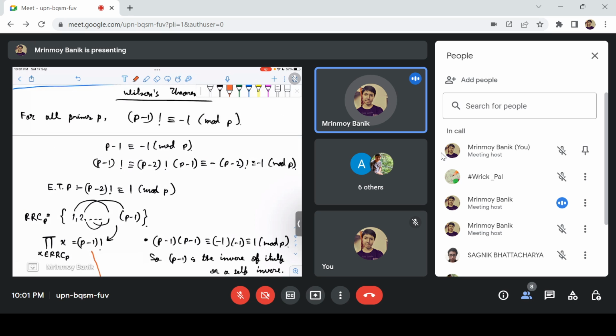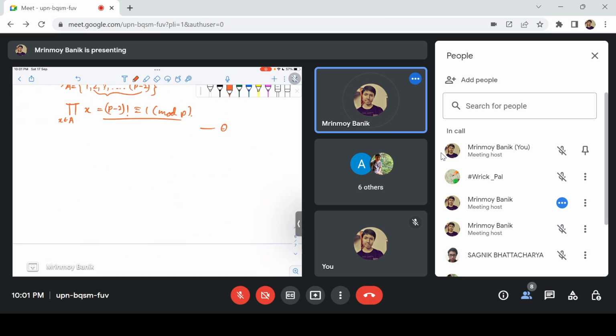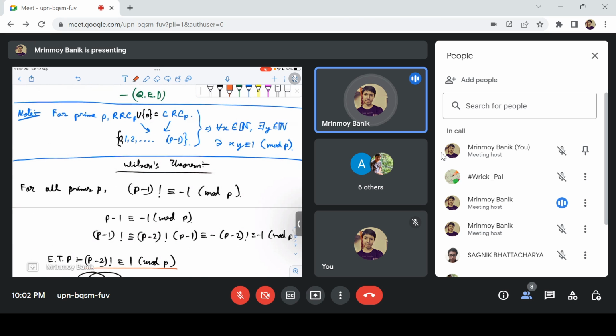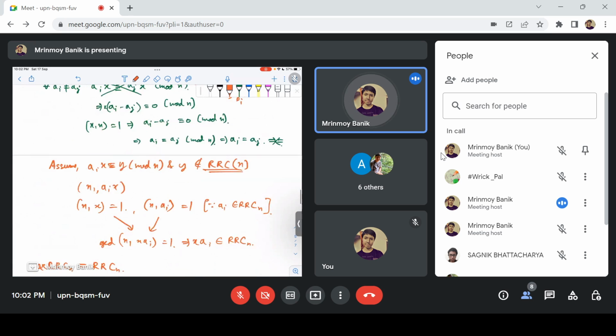Remember, we just needed to prove p minus 2 factorial is 1 mod p. So that's done. So Wilson's theorem is just that p minus 1 factorial is congruent to minus 1 mod p, or p minus 2 factorial is 1 mod p. They are both equivalent statements.